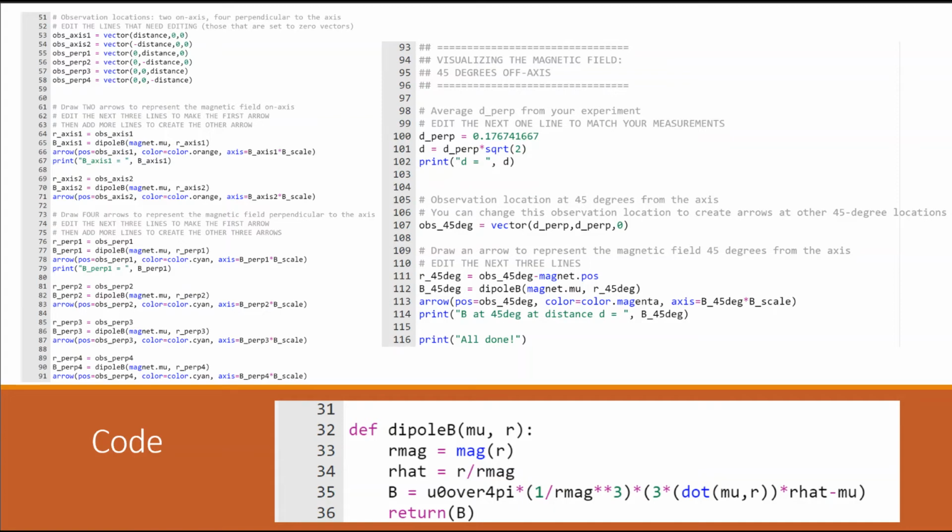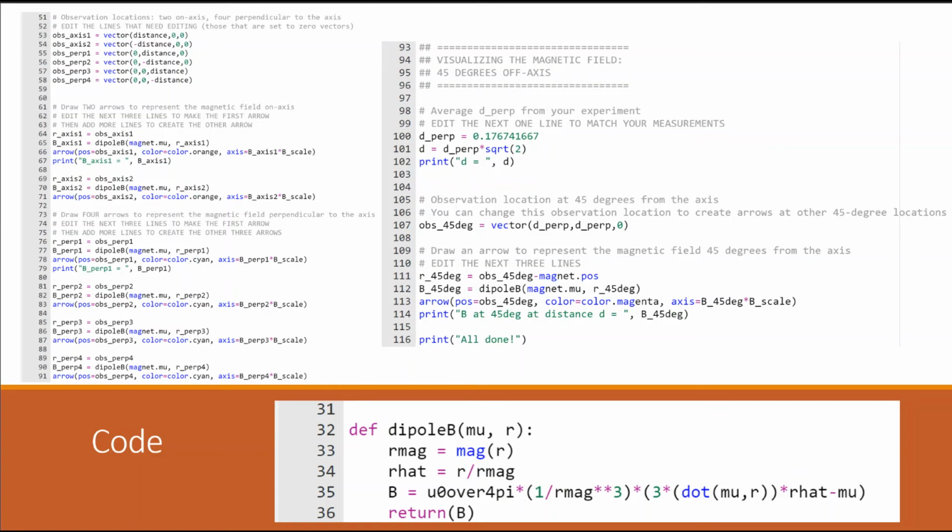By doing this, I created one and then made the negative version of that to make it simpler. Lines 64 through 71 are where I made the 2 on-axis ones, and lines 76 through 91 are where I made the 4 perpendicular ones. The 2 on-axis ones are orange, and the perpendicular ones are going to be cyan, which you'll see in the rendered version later.